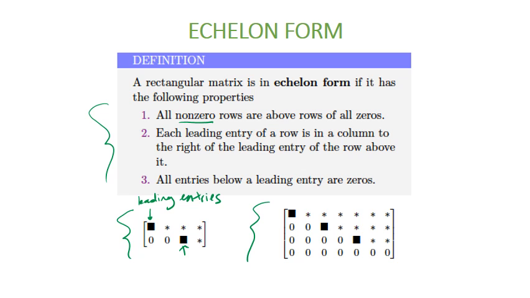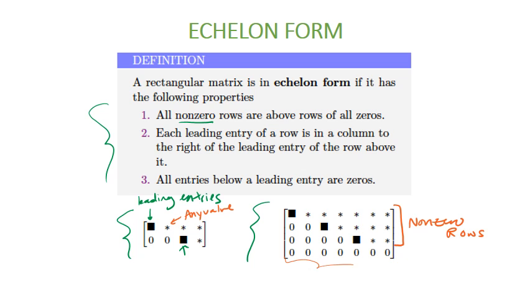And then the stars are basically any value including 0. These over here would be considered non-zero rows. And basically what we are looking for is this triangular pattern, a step-like pattern.